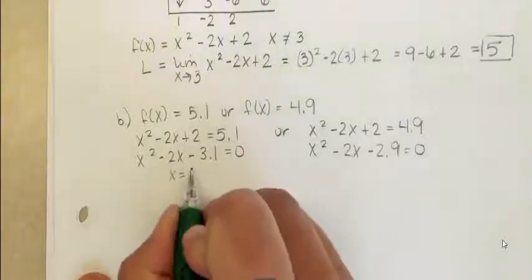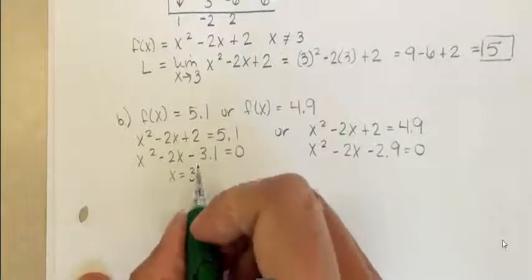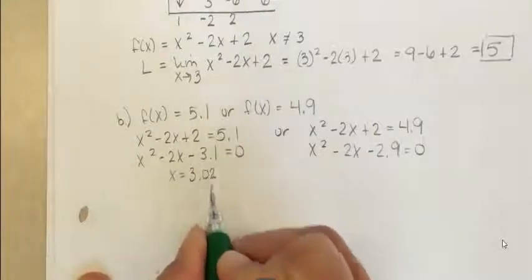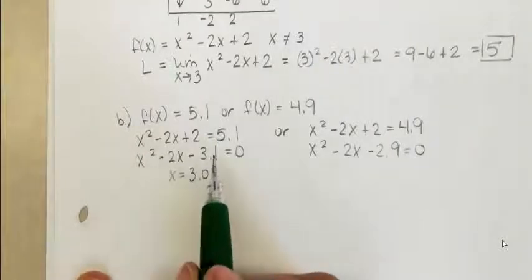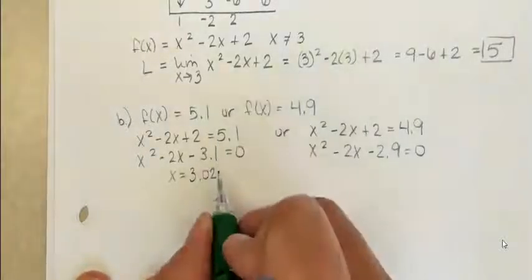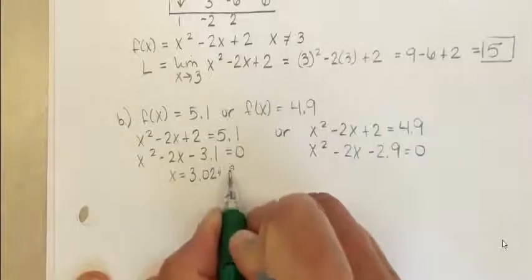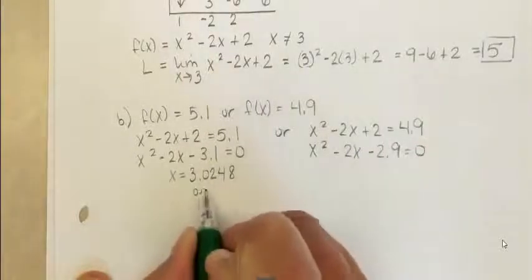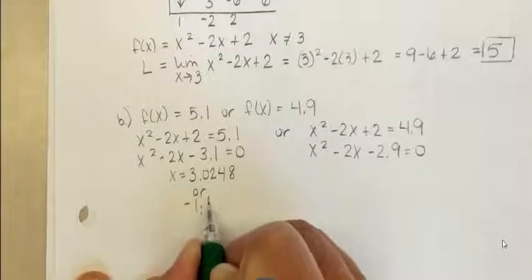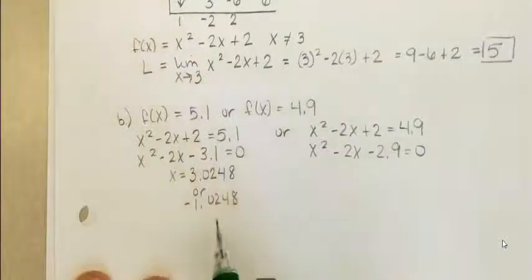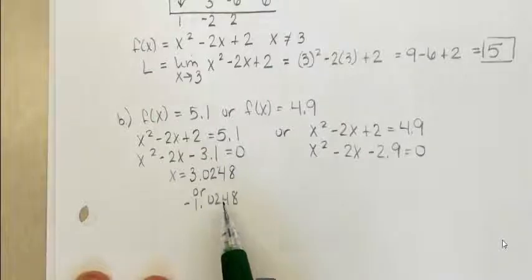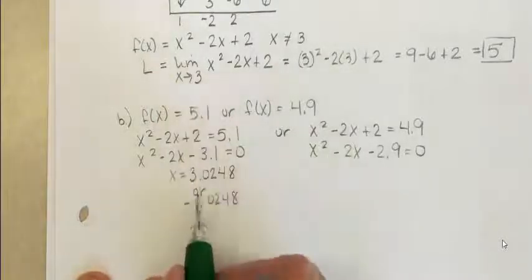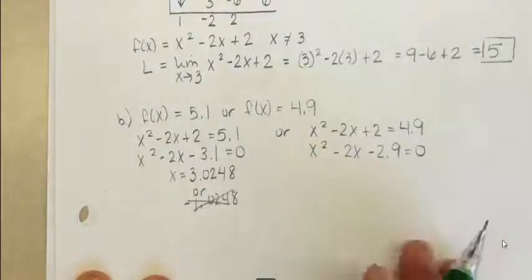I'll give you both of them, but I would encourage you to use the quadratic formula. I do not encourage you to just sit here and copy down my answers. Right now, go back, use the quadratic formula. You'll see that you get 2 specific answers. But it won't make any sense to get this negative 1 because that's nowhere near 3. So we're not going to use that answer.